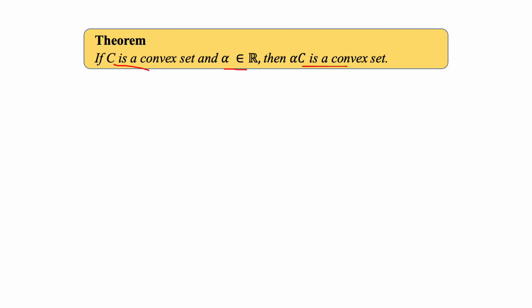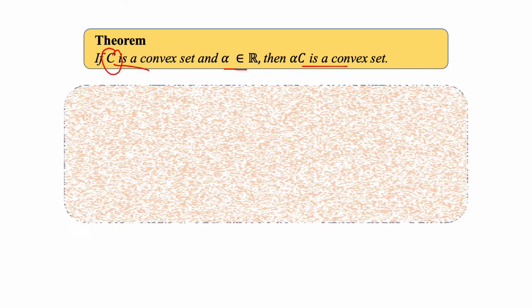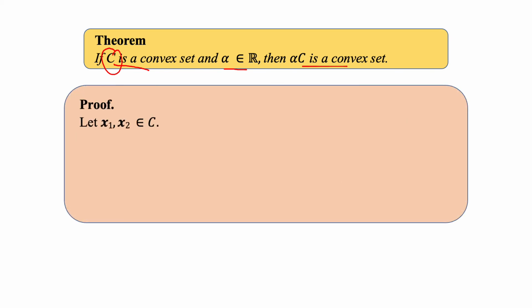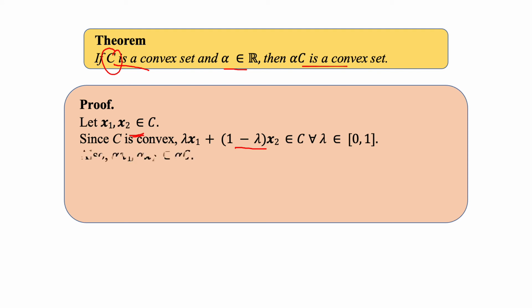So let us take 2 points in the set C and show that the line segment joining these 2 points also belongs to set C. So let's take x1 and x2 in set C. Since C is a convex set, which is given to us, lambda x1 plus 1 minus lambda x2 belongs to C. Now if we take alpha x1 and alpha x2, where alpha is a real number, clearly alpha x1 and alpha x2 belong to alpha C.